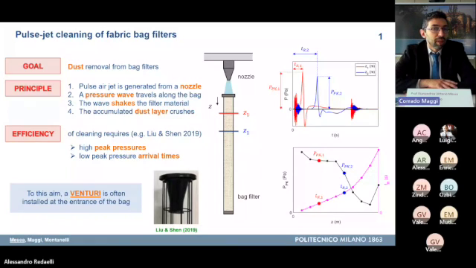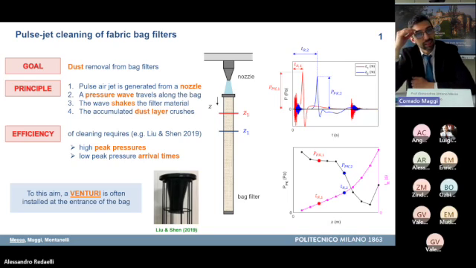This is a well-established technology for the removal of the dust cake from fabric filter bags. The working principle is quite simple: a jet of compressed air is released from a tank, and the jet creates a pressure wave which travels inside the bag.